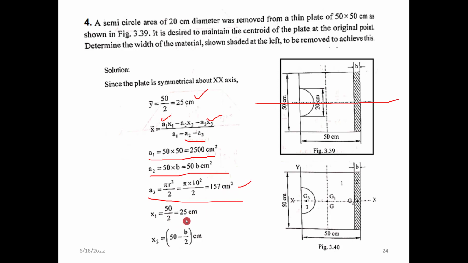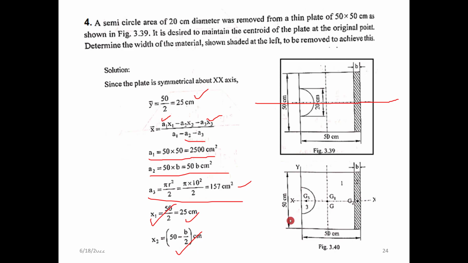X1 is equal to 50 by 2, because for the total rectangle the centroid is at the exact center. X2 is for the rectangle to be removed, and we know that for this rectangle the centroid will be exactly at the b by 2 point, at the middle.